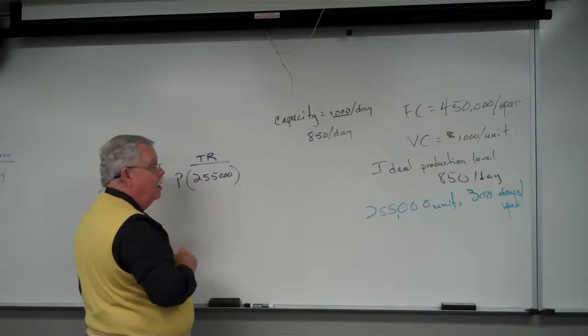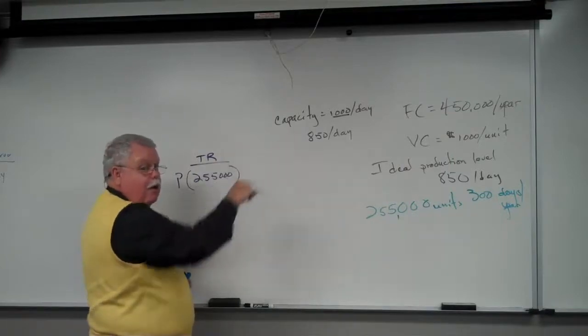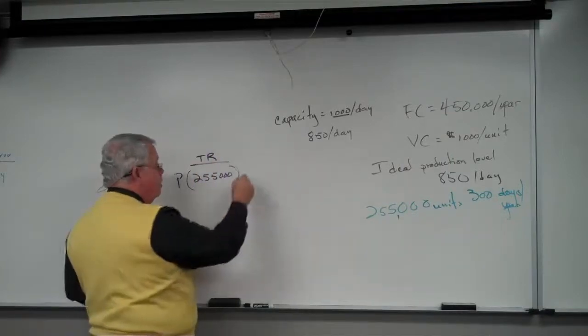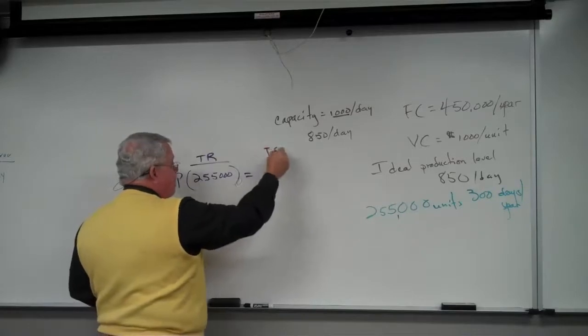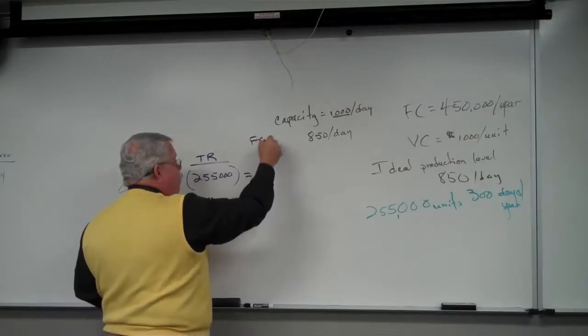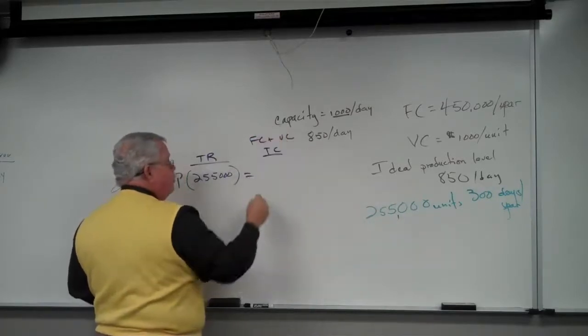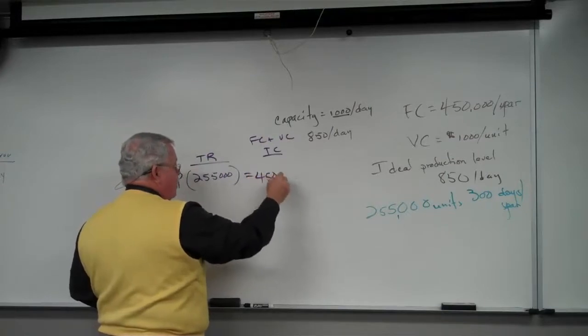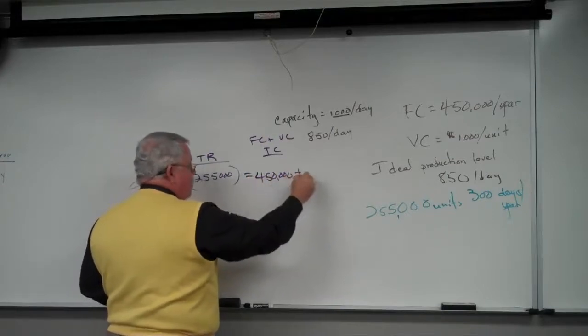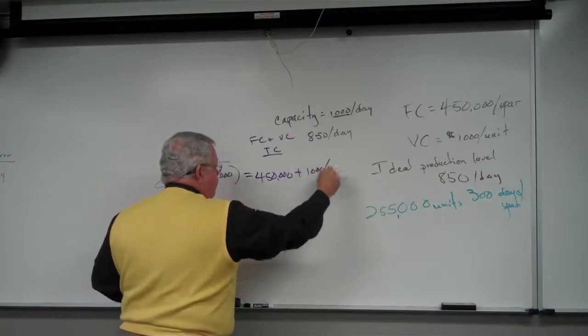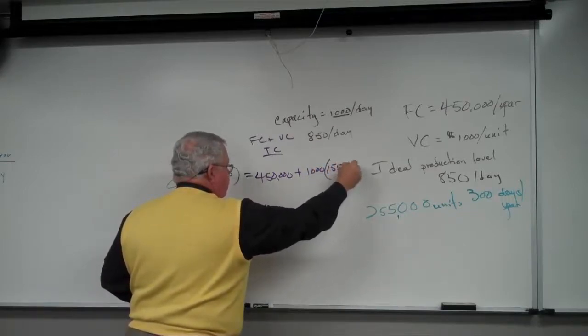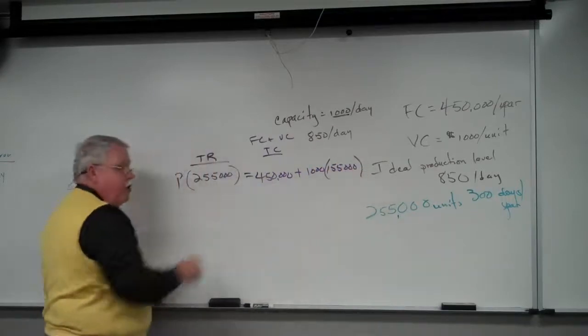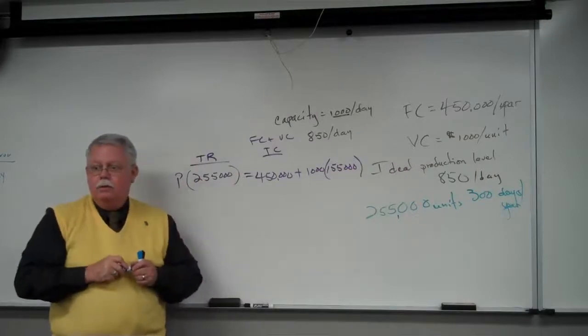Do you want any profit? Is that a break even? Just break even. Good. This has got to equal my total cost, which is fixed costs plus variable cost: $450,000 plus $1,000 a unit for 255,000 units. Solve for P, one equation, one unknown.